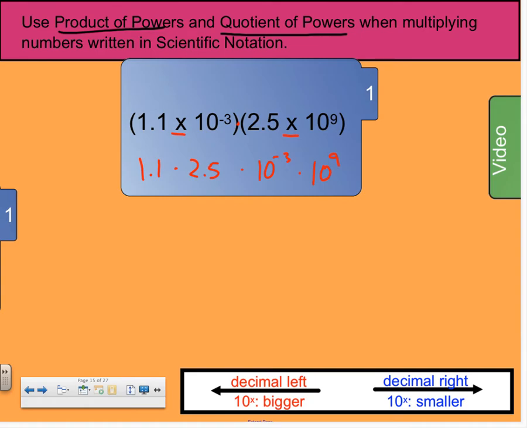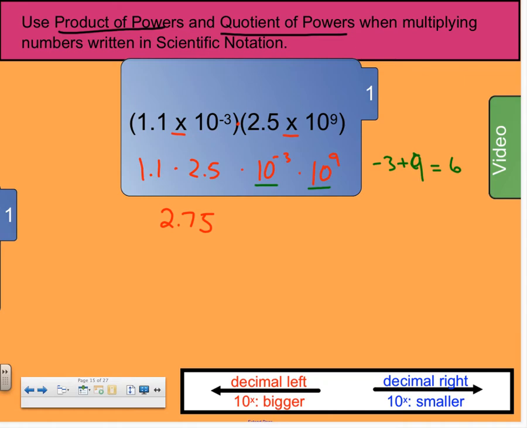1.1 times 2.5 is simply 2.75. And then with the base, we have two powers that have base 10, here and here. Product of powers tells us that powers that have the same base that are being multiplied, we can simply add the exponents. So I would do negative 3 plus 9, and that would equal 6.